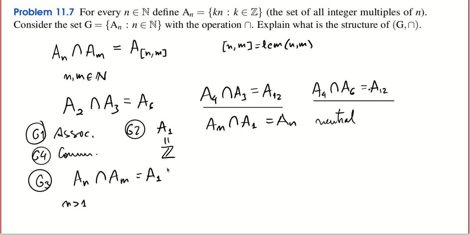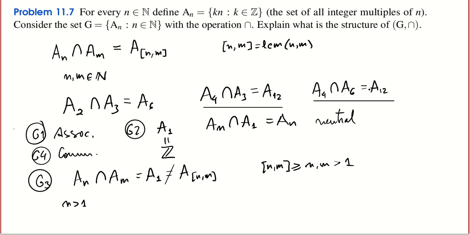Well, that is impossible, because what this produces is just a of the least common multiple of n and m, which is of course larger than or equal to n and m themselves. And since n is larger than 1, this can never be 1. So this is impossible, and that's the property that is missing.